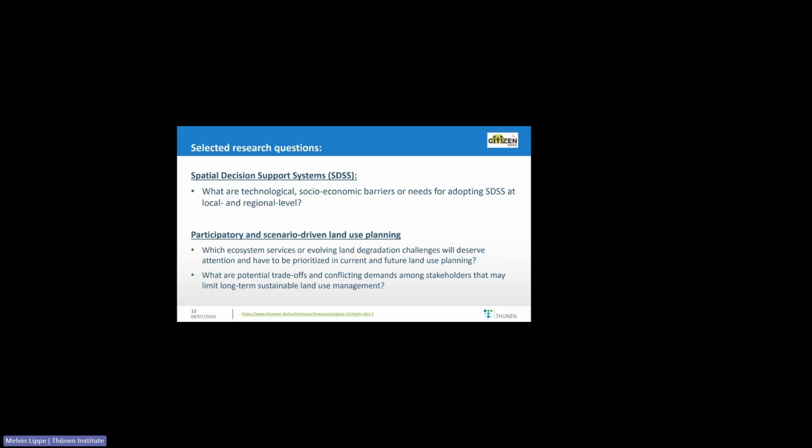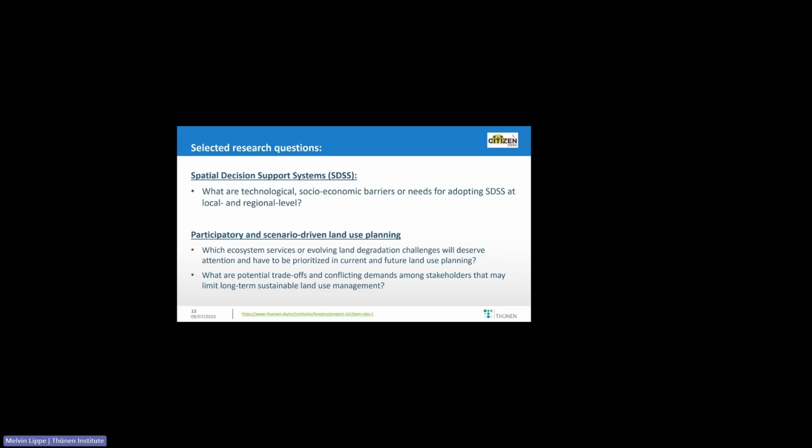It's very appealing, of course, for policy people, but one has to acknowledge that if we are working at a landscape level with local communities and government agencies at municipality level, there might be technological and socioeconomic barriers to adopting such spatial decision support systems. Maybe just because of challenging internet connection, electricity problems, or other capacity building issues.